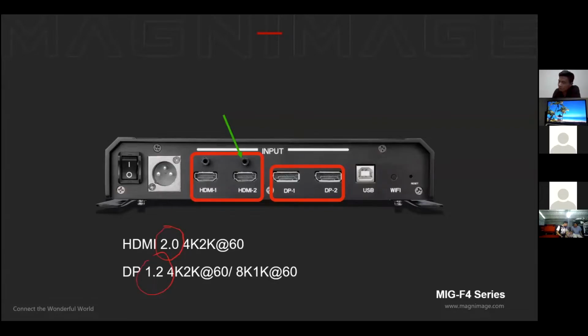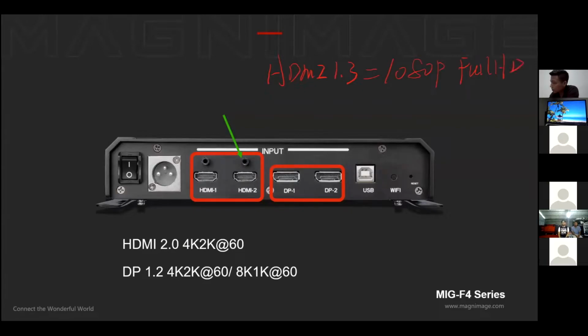Someone may be confused. From here, I will introduce HDMI. HDMI 1.3 is 1080p, I mean Full HD. HDMI 1.4 is 60 hertz.